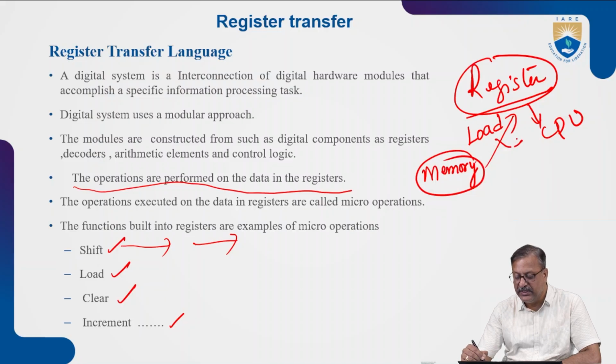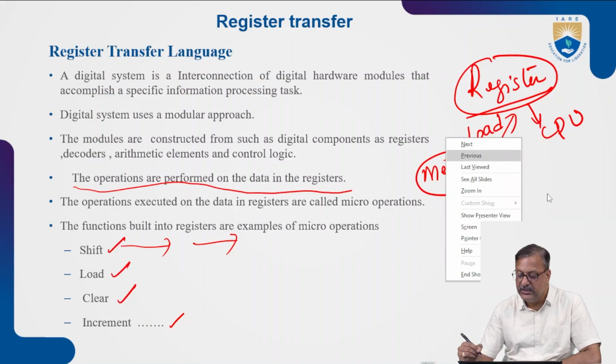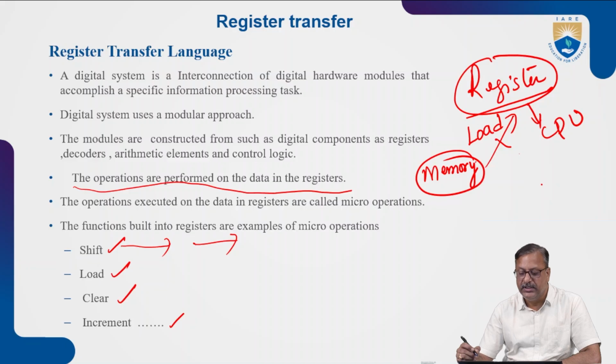We use the operation called load. Then the data from a particular memory location will be loaded into the registers to perform the next operation in the arithmetic and logic unit of the digital system.